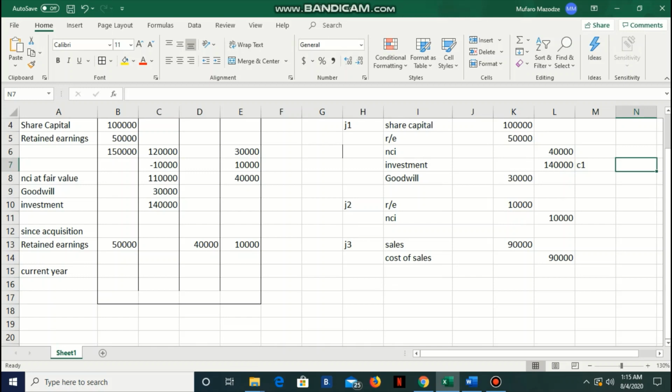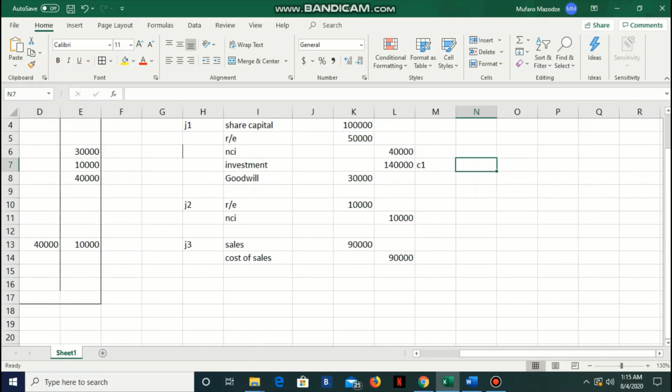In the parent's closing inventory, there's inventory of 50,000 rand, which was purchased from the sub at 20% on cost. I always write cost price plus gross profit equals selling price.